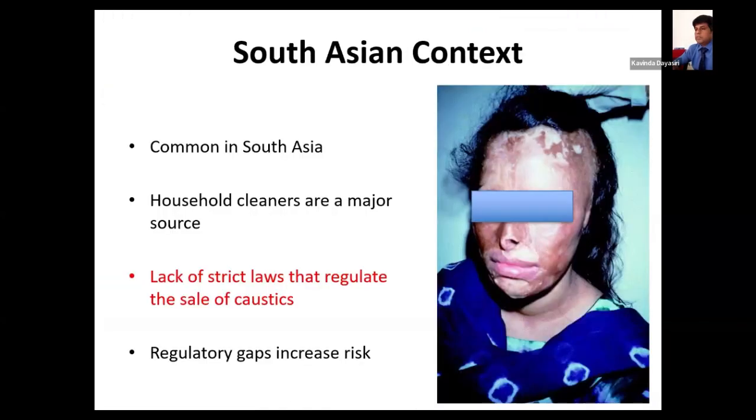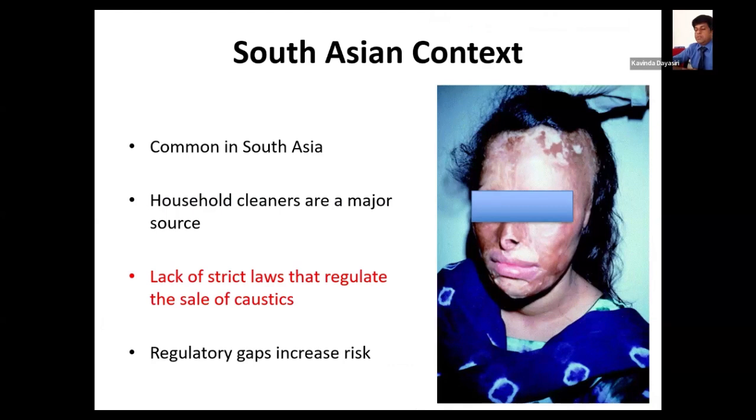surgery. If you look at the South Asian context, corrosive ingestions are far more common compared to developed countries. Household cleaners account for a majority of cases, especially in accidental ingestions. But strong alkalis and strong acids are also used in deliberate ingestions.